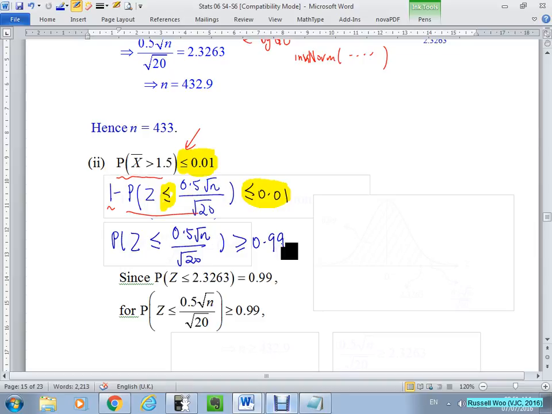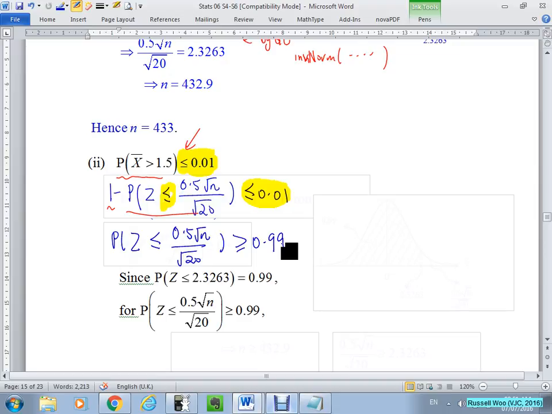Now, you can inverse norm 0.99, which we have done earlier, you will get 2.3263. This is equal to 0.99.